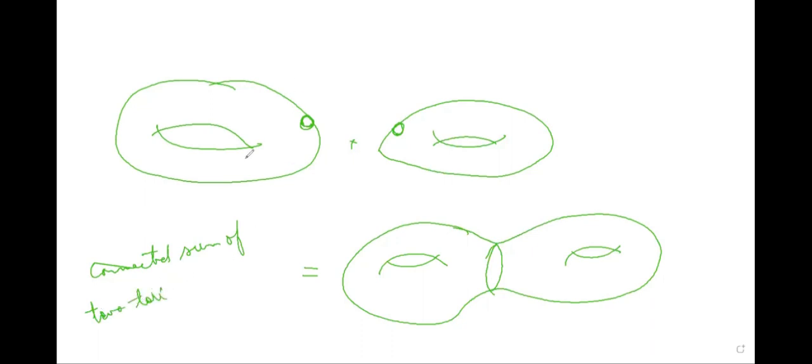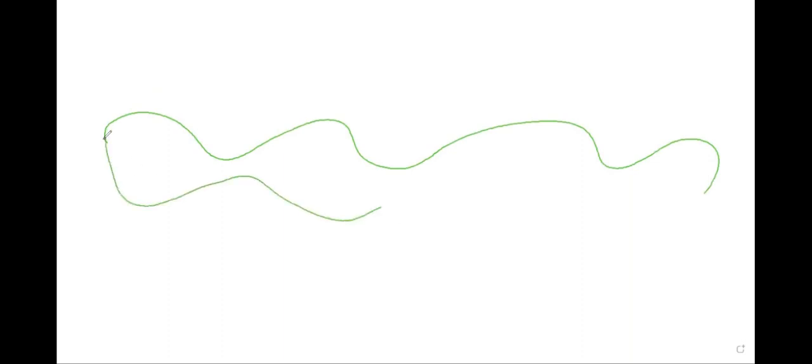Similarly, you can have the connected sum of n tori. So you can have something like this. For example, this is the connected sum of 1, 2, 3, 4 tori. So we will be talking about the fundamental group of these in the next class. So the idea will be the same. So we will stop here.